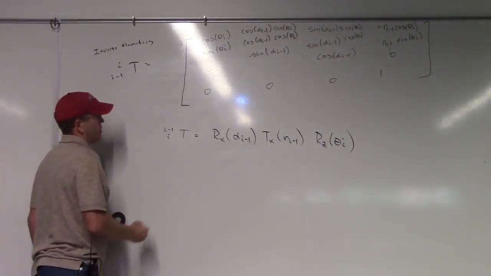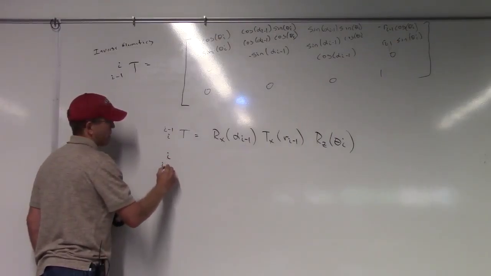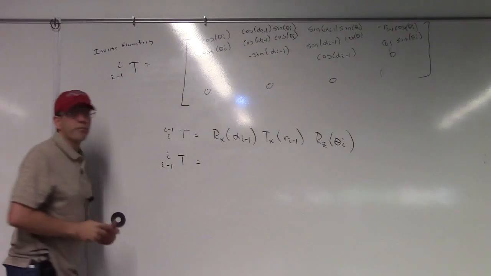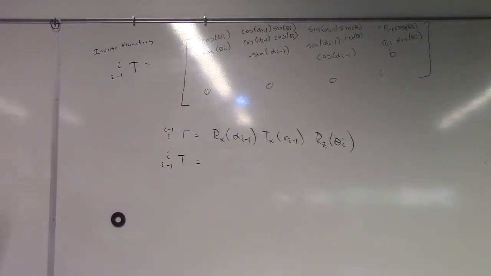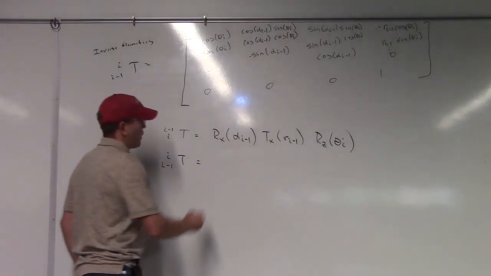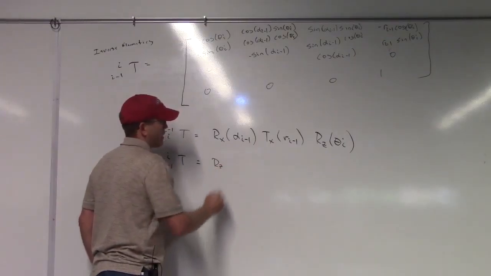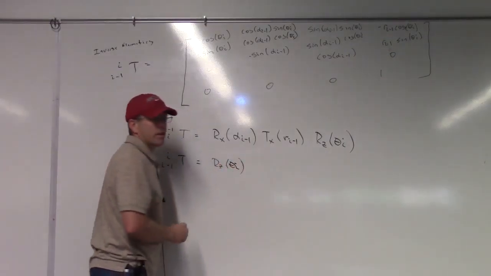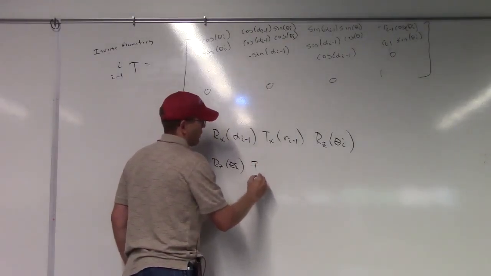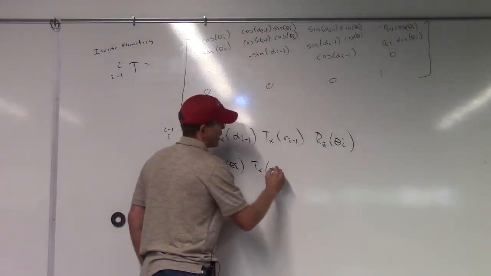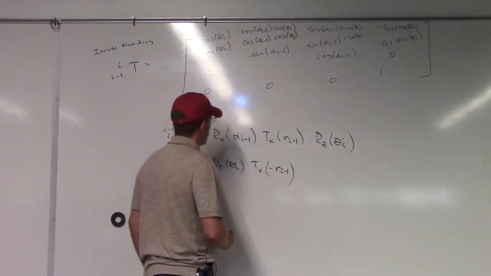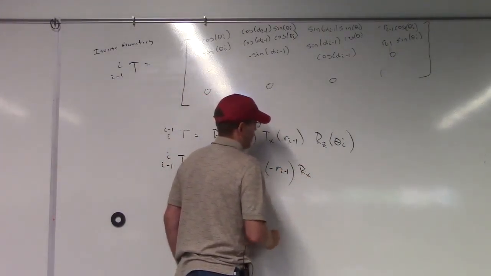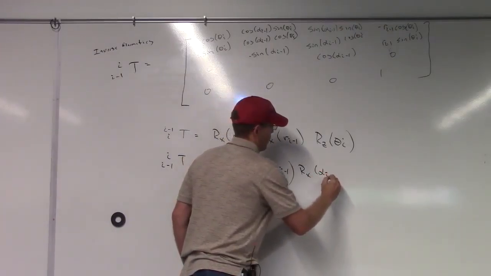What would we expect to do if we're doing the inverse of this? We just work backwards through this system, wouldn't we? We'd perform the rotation about theta i first, then the translation along negative r i minus 1, and then the rotation about x by alpha i minus 1.